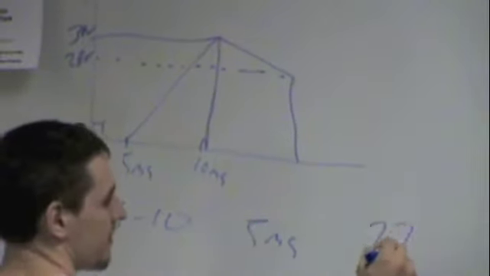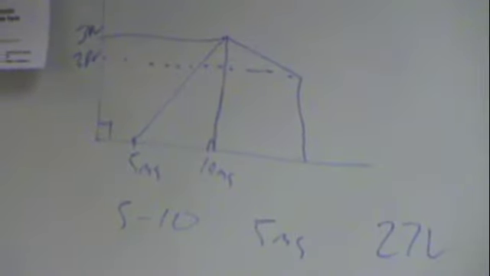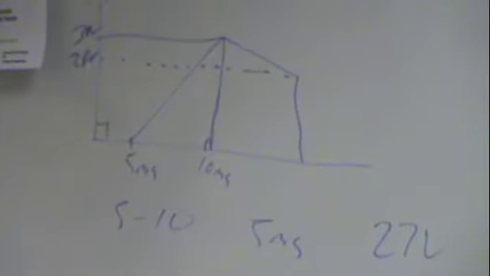And we could stop there and be like, yes. But the 10% point of 30 volts is 3 volts, and the 90% point is 27 volts.